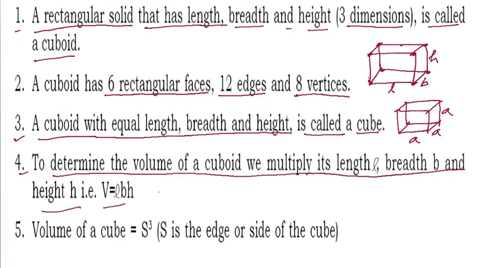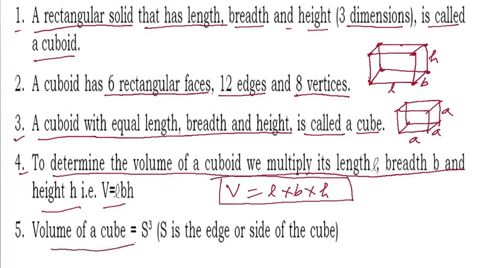So the formula is volume V equal to length into breadth into height. So that is the formula of volume. But in case of a cube, the volume of a cube is the side cubed. So you can write volume of cube, V is equal to a cube. So you have to learn this type of formula.